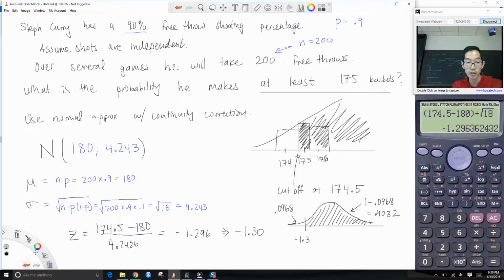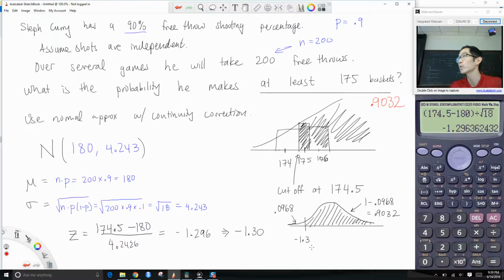So that is my answer here: the probability that he makes at least 175 baskets is 0.9032. And if you want to use the shortcut, as you guys said, the area to the right of negative 1.3 is equal to the area to the left of positive 1.3.